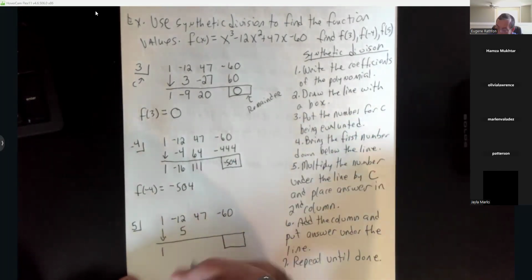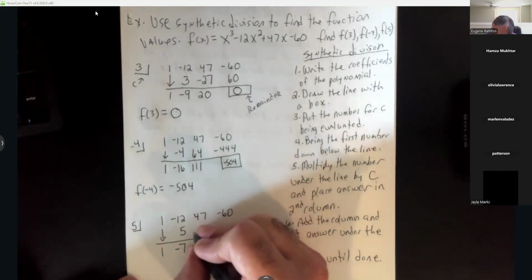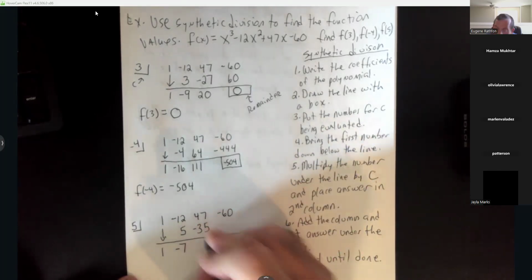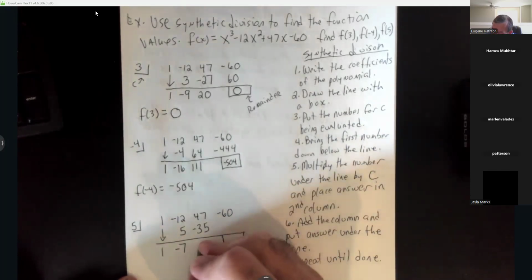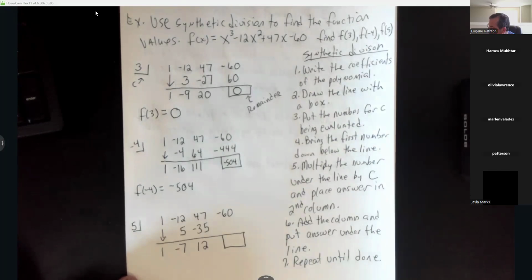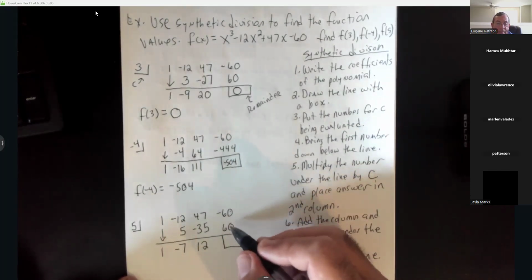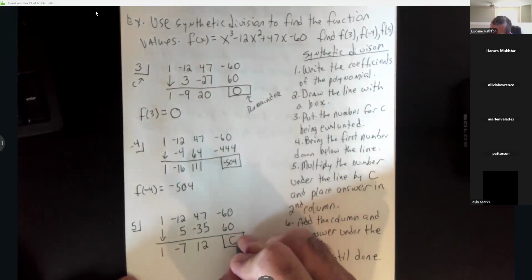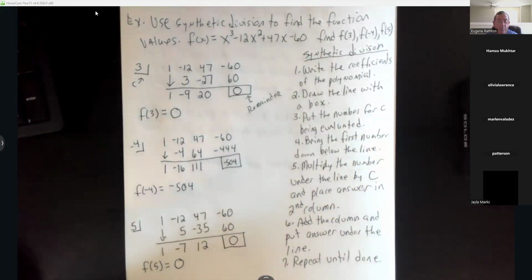Negative 12 and 5 is negative 7. Negative 7 times 5 is a negative 35. 47 and negative 35 give me 12. And then finally, 12 times 5 is 60. And y'all look at that. Negative 60 plus 60 gives me a remainder of 0. So that means f of 5 equals 0.